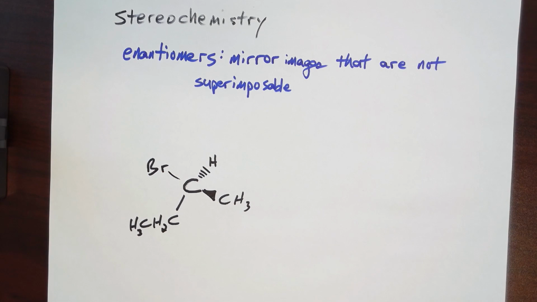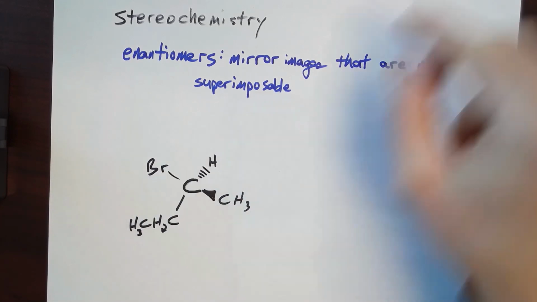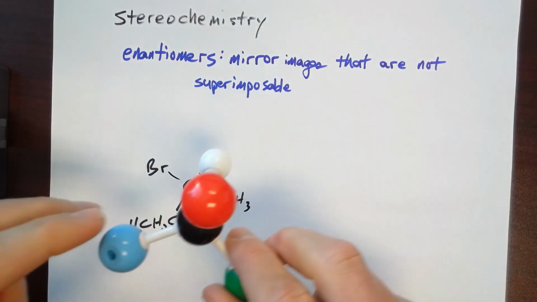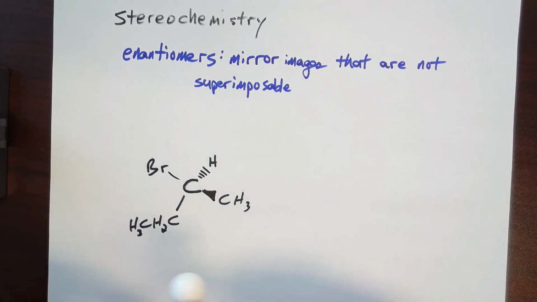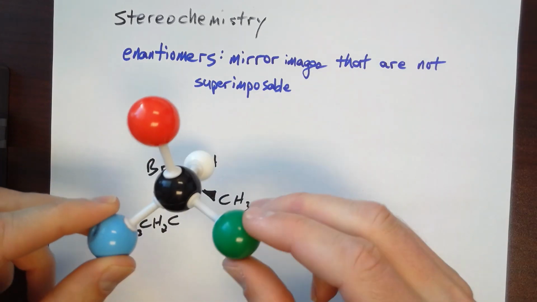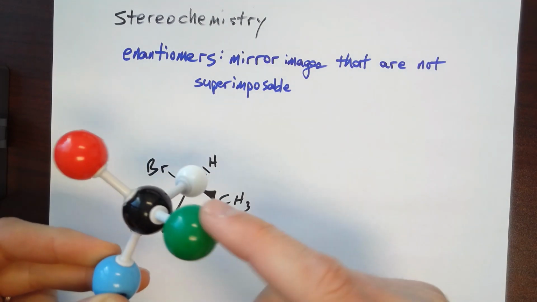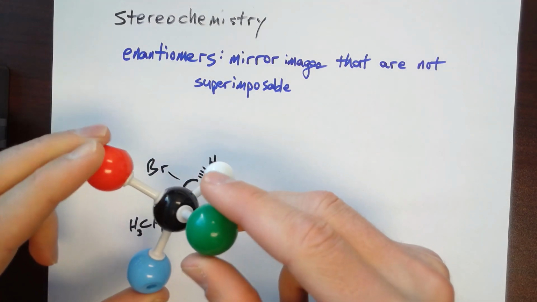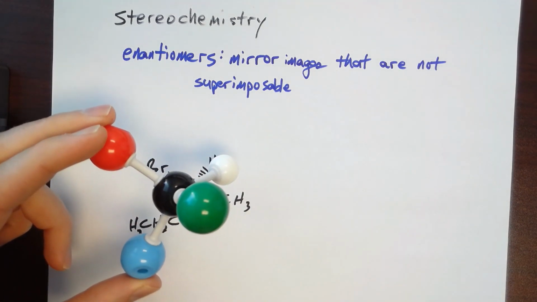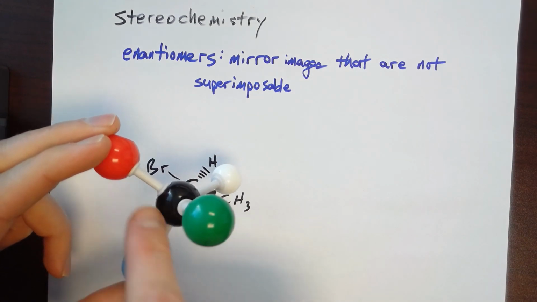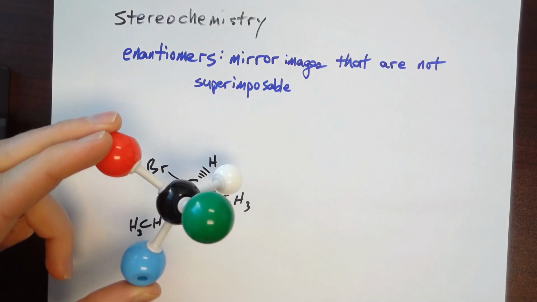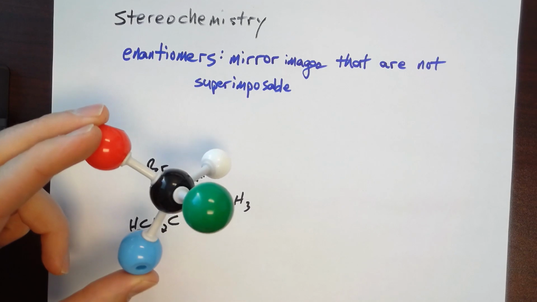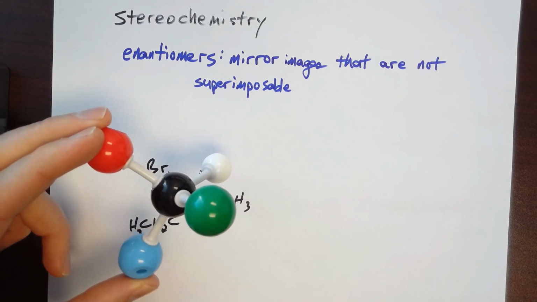So notice I have four different things bonded to this carbon atom. I have hydrogen, a methyl, an ethyl, and a bromine. So the perspective that we're looking at is where hydrogen is in the background, the methyl group is in the foreground, and then I have the bromine and the ethyl group over here in the plane of the paper. That's the perspective that we're drawing of this molecule.